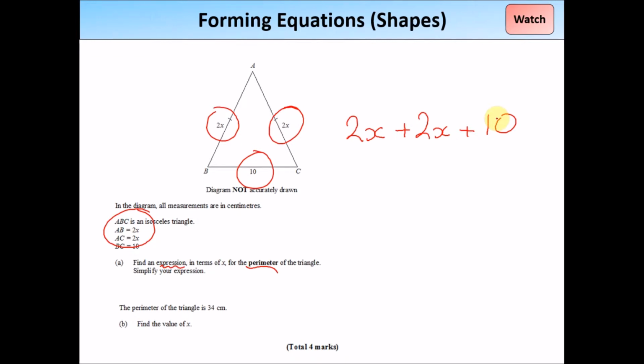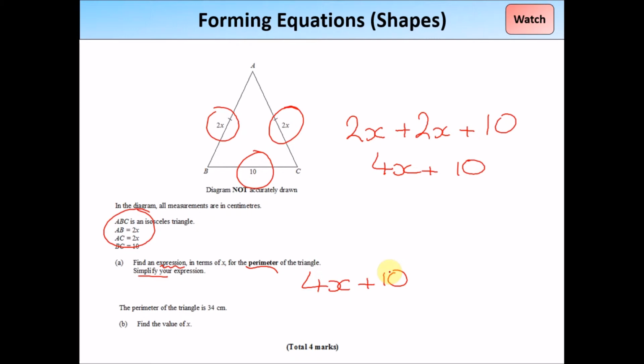Okay, so 2x, add 2x, add 10. What you're now going to do is simplify that a little bit. So you have 4x, add 10. Now, the question here says simplify it. That's what we've just done here. So 4x, add 10. Because it's an expression there, you don't need it equals to anything. You just write that out and you're going to pick up those first couple of marks.